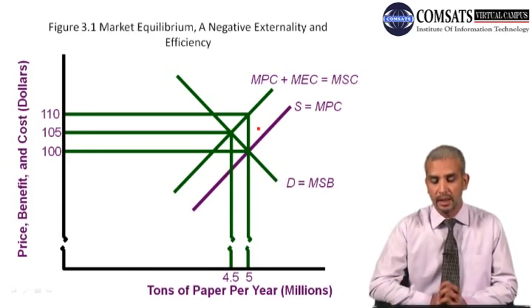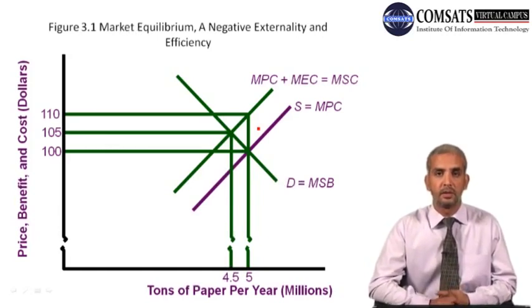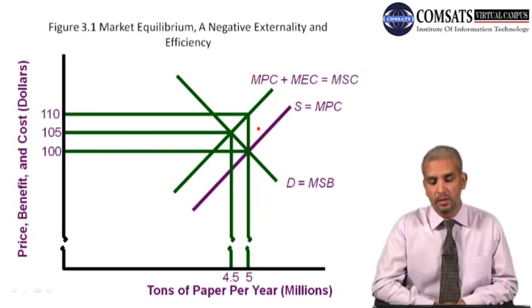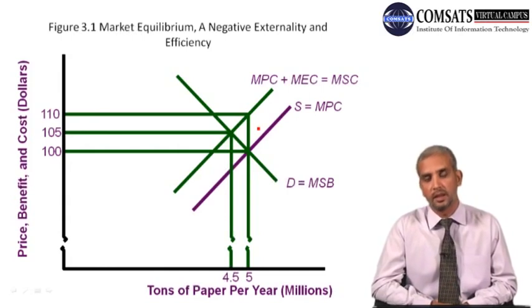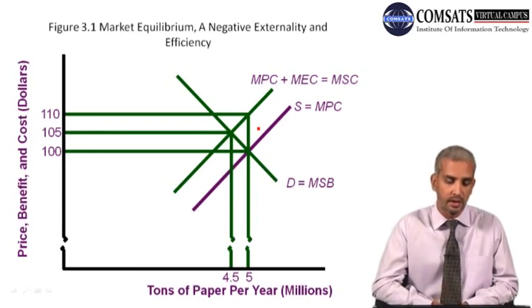Now you see that as long as marginal social cost is equal to marginal private cost, there is no issue in the efficiency, because marginal private cost would be equal to marginal social cost, and marginal social cost equal to marginal social benefit is the efficiency criterion which we discussed in the last lecture.